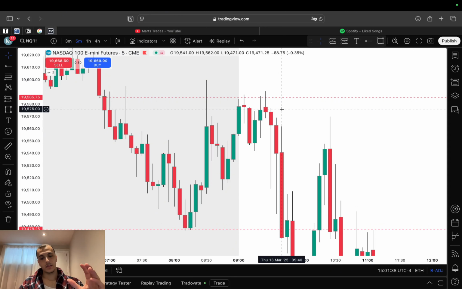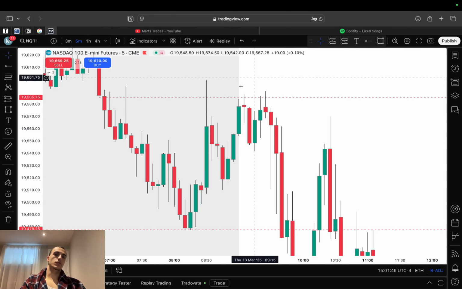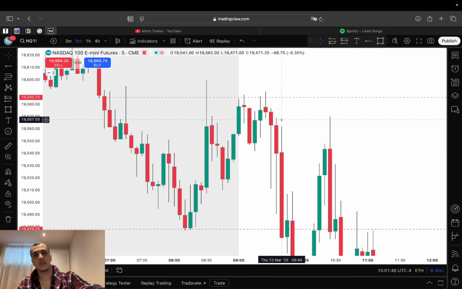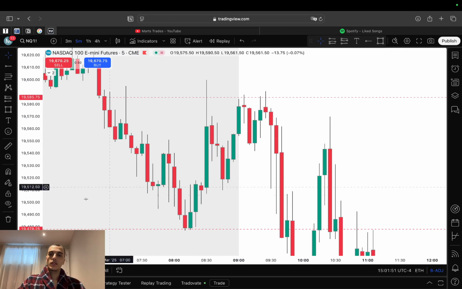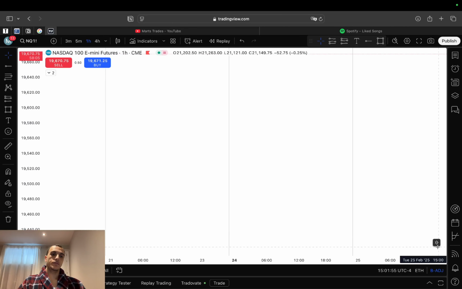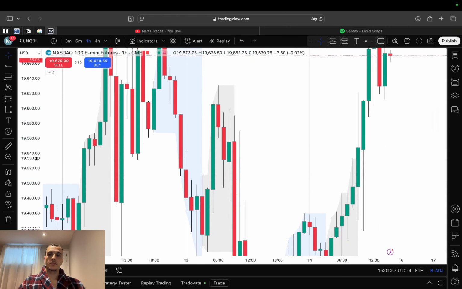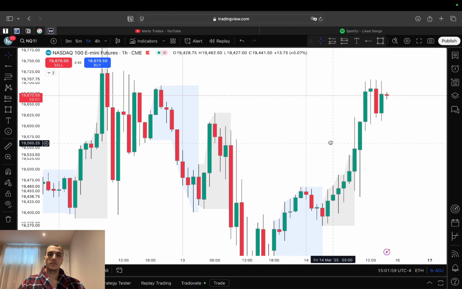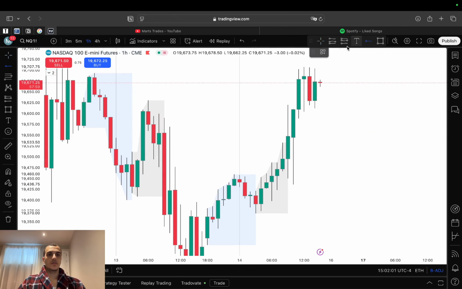Once the setup happens, if you miss it, the chances of other setups happening are riskier. So the safer bet is the first setup that happens, you take it.